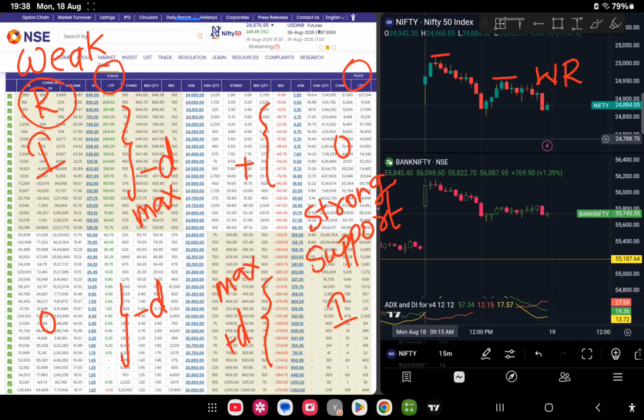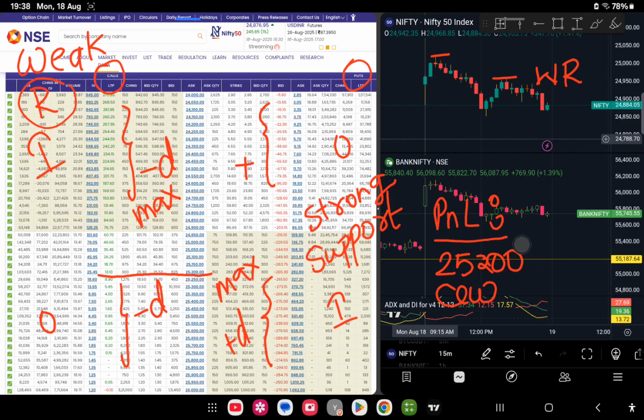Okay, now let's do the P&L calculation. I'll write it here. Okay, we will take one strike which will be easy to calculate. Let me select 13. Okay, we'll take 25,100 CE writing, that will be our OTM.